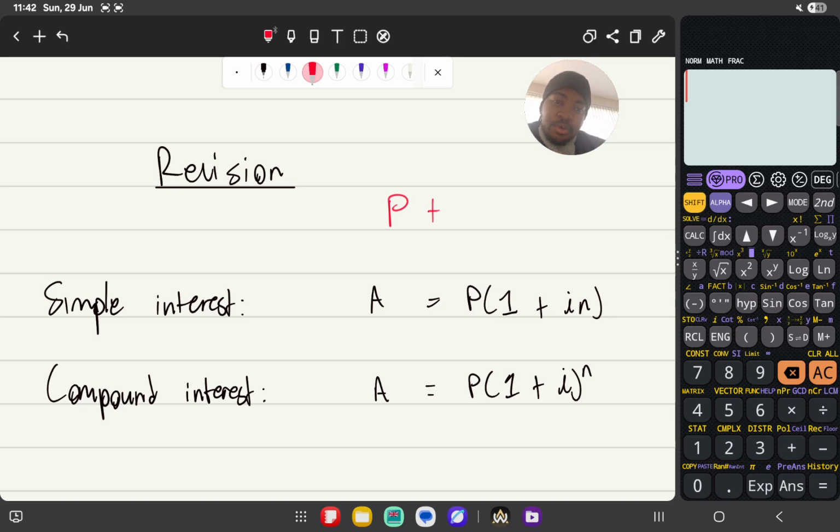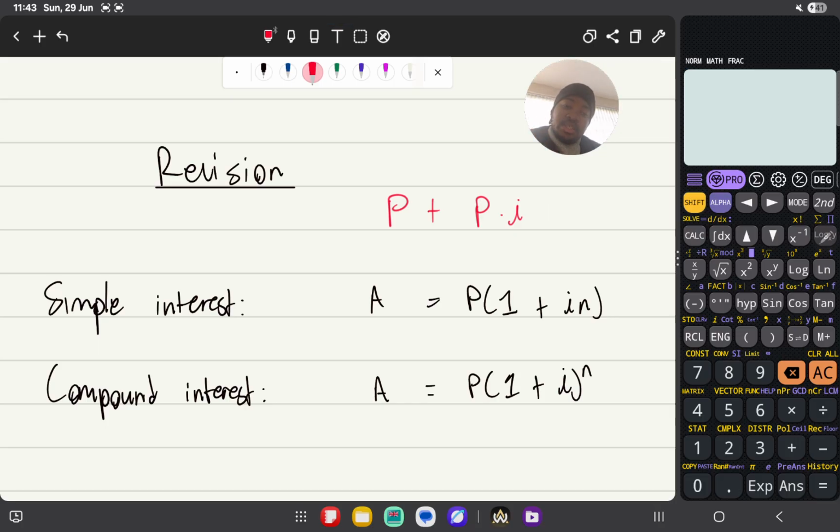And that interest, how do we find it? We find our simple interest by saying your principal amount multiplied by the interest rate that you are getting, right?